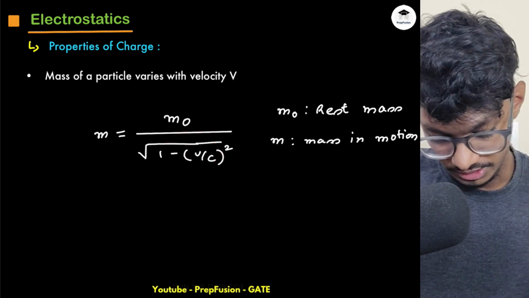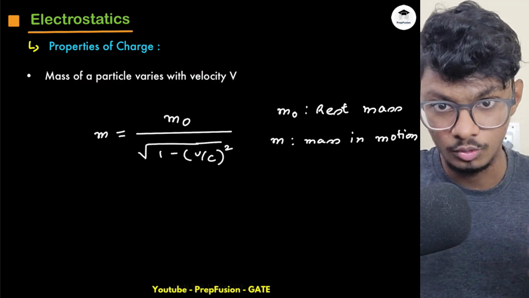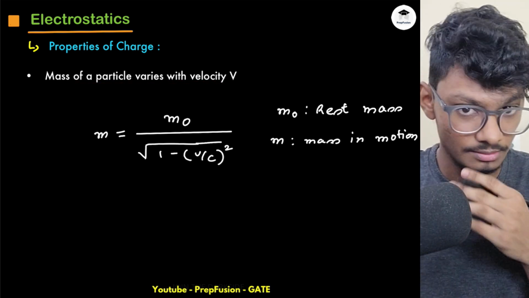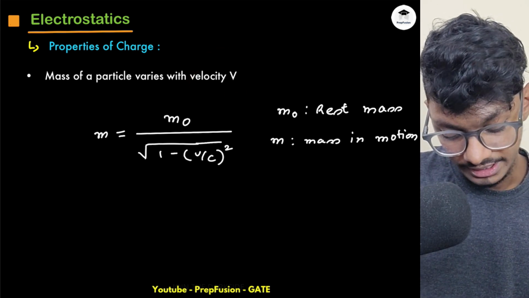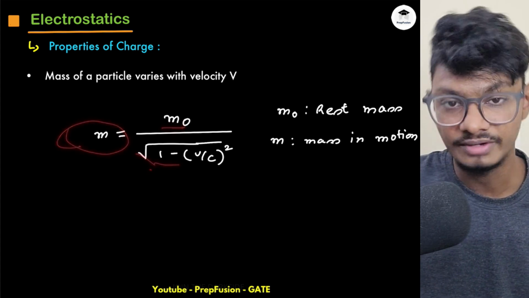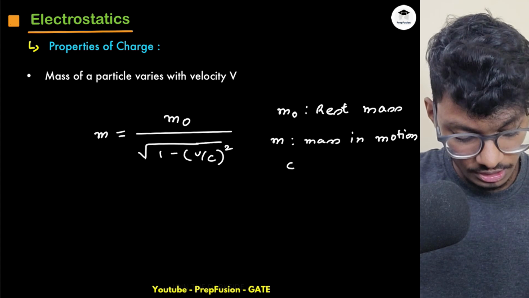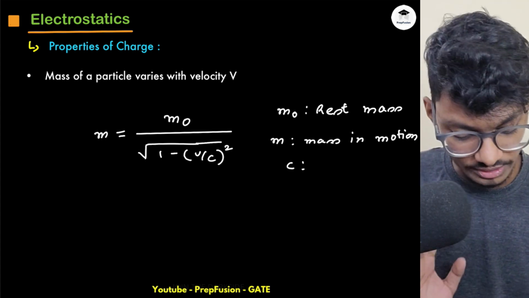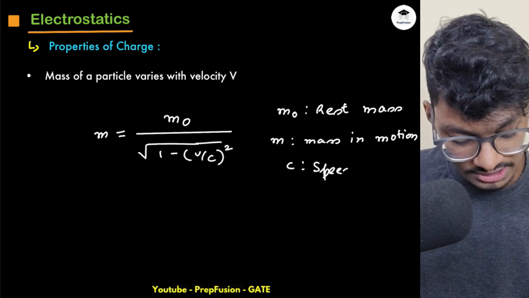When the body is moving with a velocity v, its actual mass in that motion will be m0 divided by the square root of 1 minus v by c whole squared. c is the speed of light. So it actually varies. This is not in the syllabus, don't worry. But you should know mass is actually not invariant.